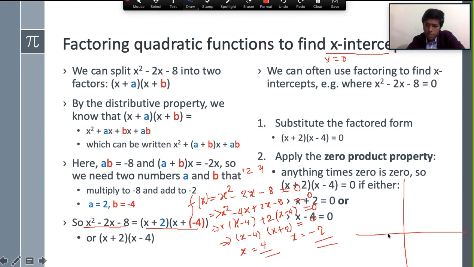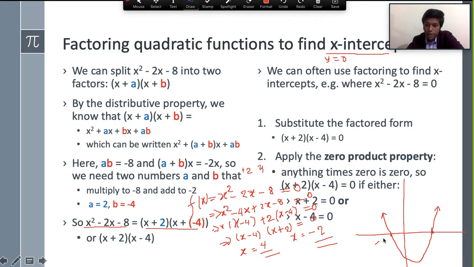So if I try to draw the graph of this function, the graph will be somewhere here. Let's say this is minus 2 and this is 4. So the graph will be something like this. This is a parabola, right? So I'm just approximating this parabola.